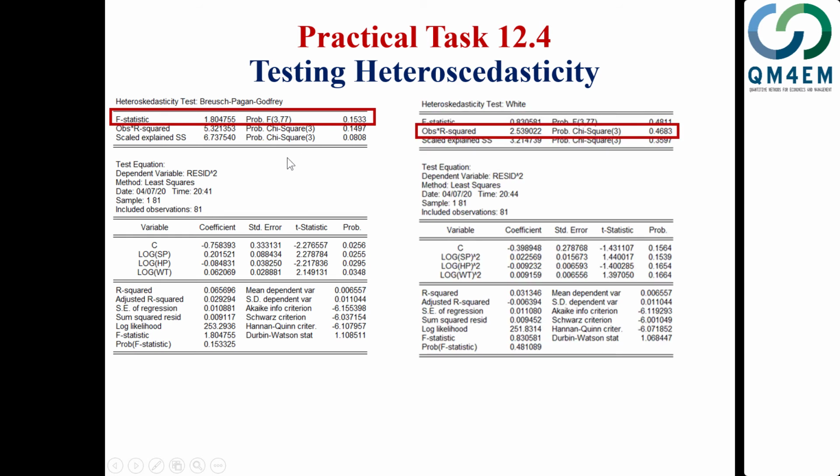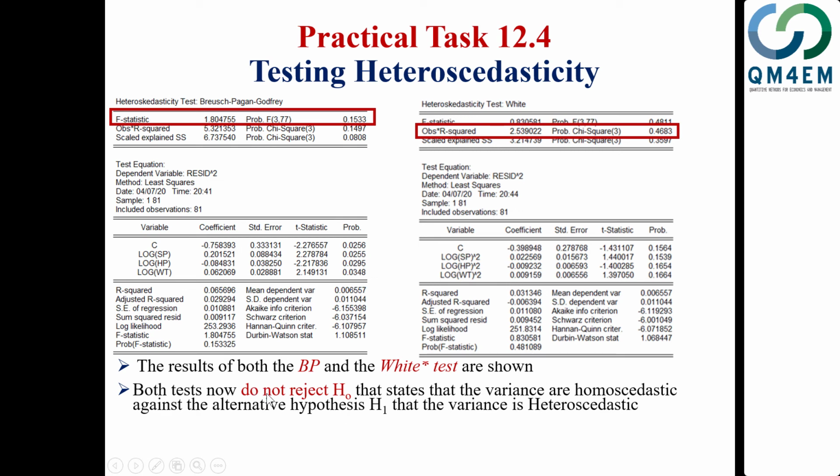If you look here, the white test with F statistic 0.1533 and the n times R square with chi-square distribution probability 0.4683. What does it indicate? It indicates that now we cannot reject H naught. Why can we not reject H naught?